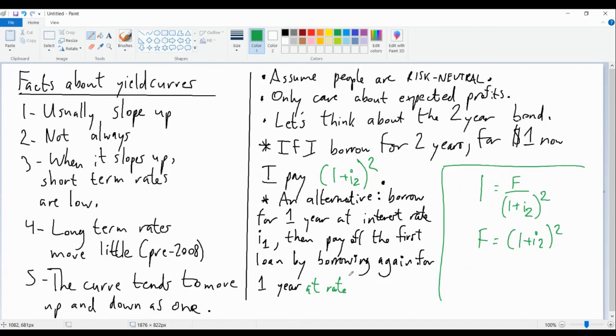So let's call the 1 year rate that I expect to be around next year I sub 1 next year. And then we just have to keep in mind that that's a forecast. It's some expected interest rate. We don't actually know what it is yet.